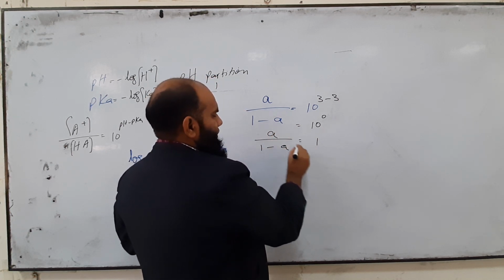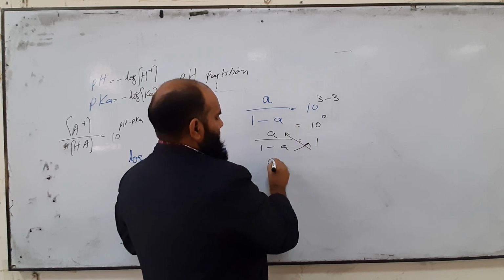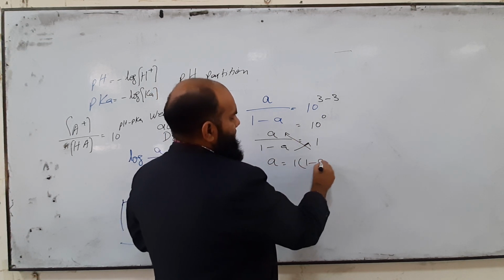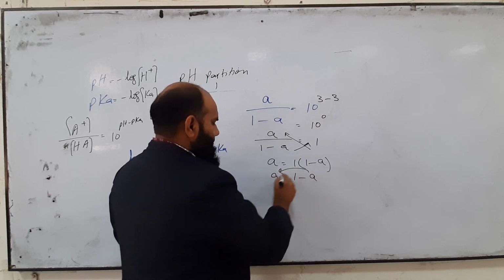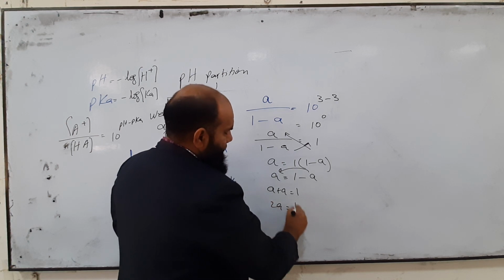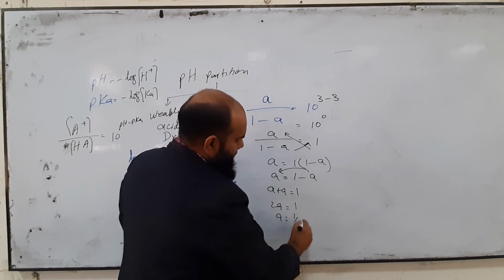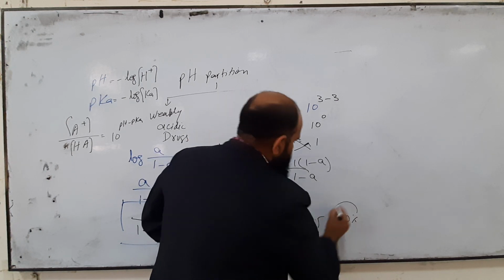Ionized over 1 minus ionized: we cross multiply, and ionized A equals 1 minus A. The A terms are combined: A plus A is equal to 1, 2A is equal to 1, A is equal to 1/2, which is 0.5. Means 50%.